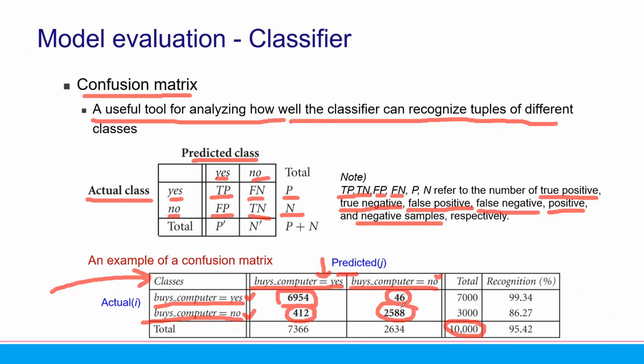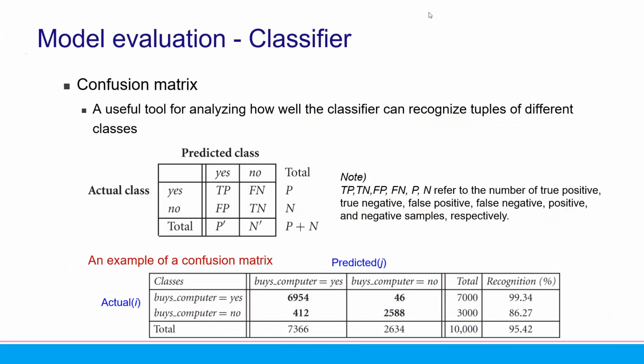Okay. Now we can see that from my data, we have 7,000 people who bought the computer, and 3,000 people who did not buy the computer. So we can calculate the recognition. What is this recognition? This recognition means the accuracy.